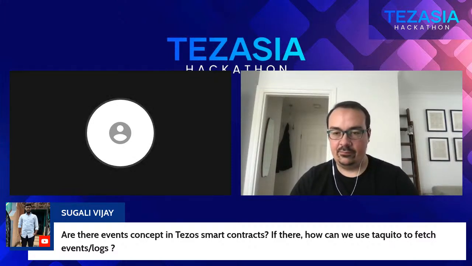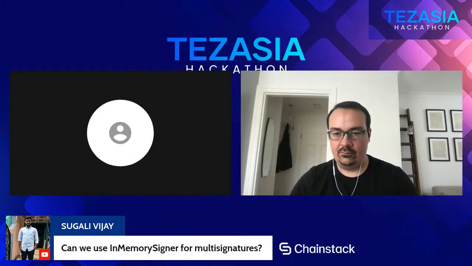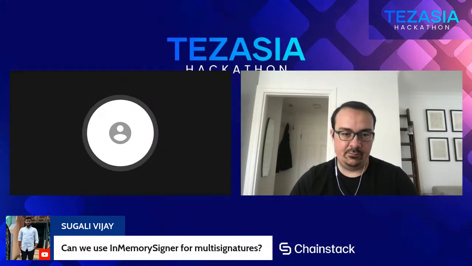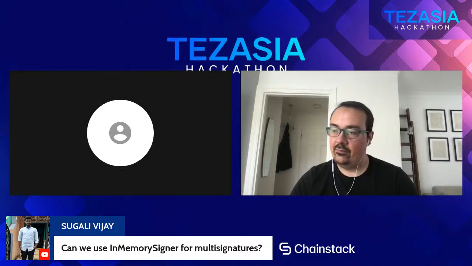There are two more questions from Vijay. How can we use the in-memory signer for multi-signatures? I think it's going to depend on the implementation of the smart contract that you have.